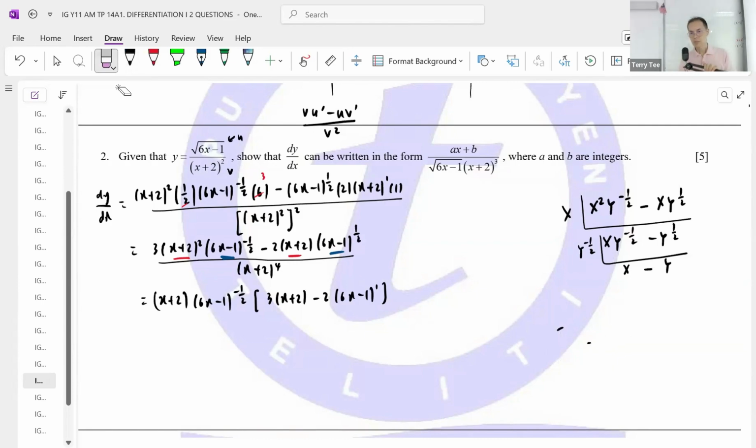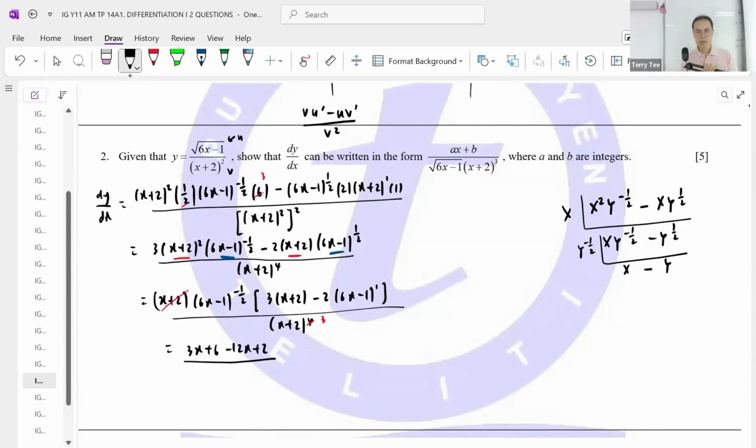Yeah? So let me simplify your denominator with x plus 2 power 4. You can cancel the power 1 with power 4, left with power 3. And the power negative half here, I can bring it down. Expand the bracket: 3x plus 6 minus 12x plus 2, divide.